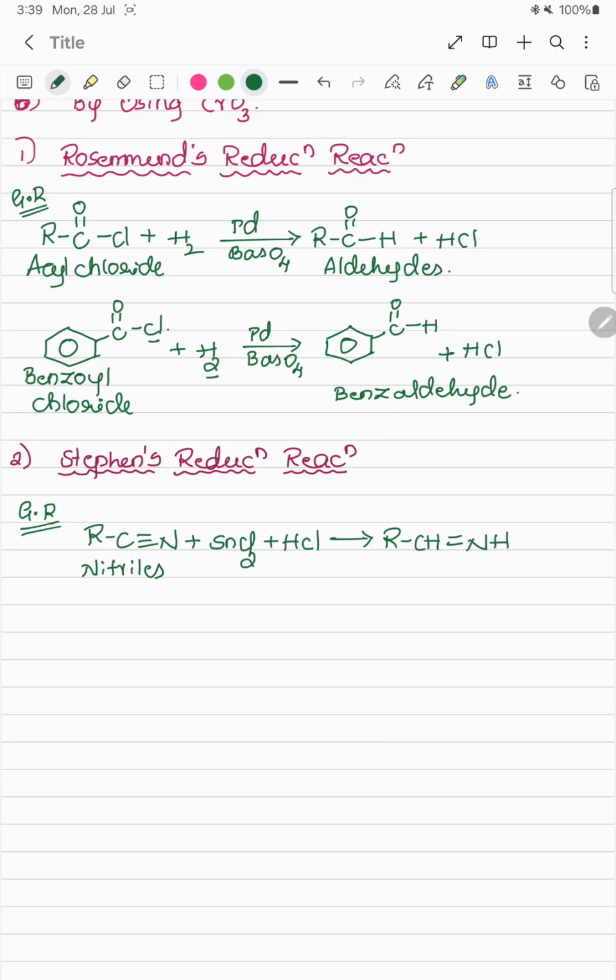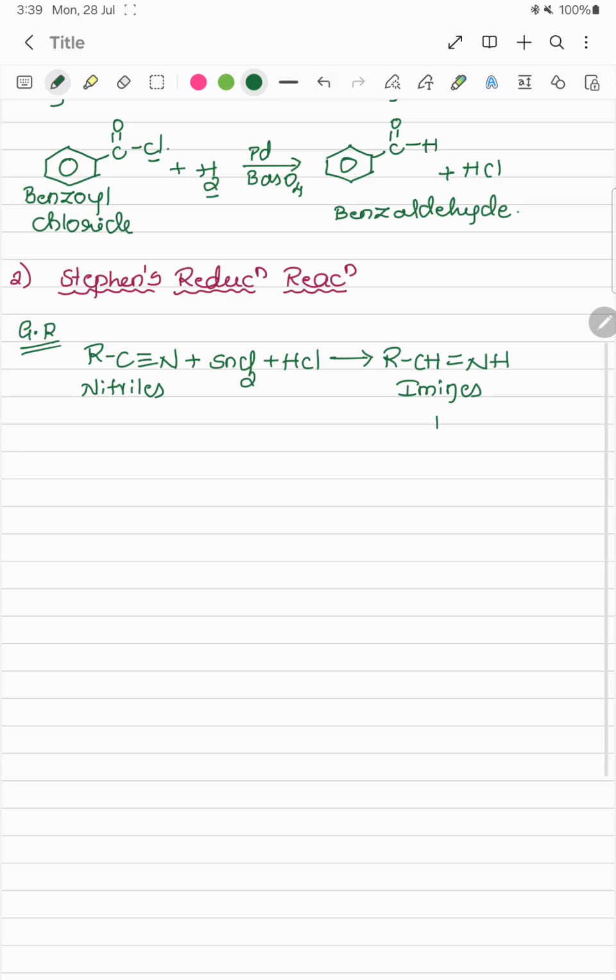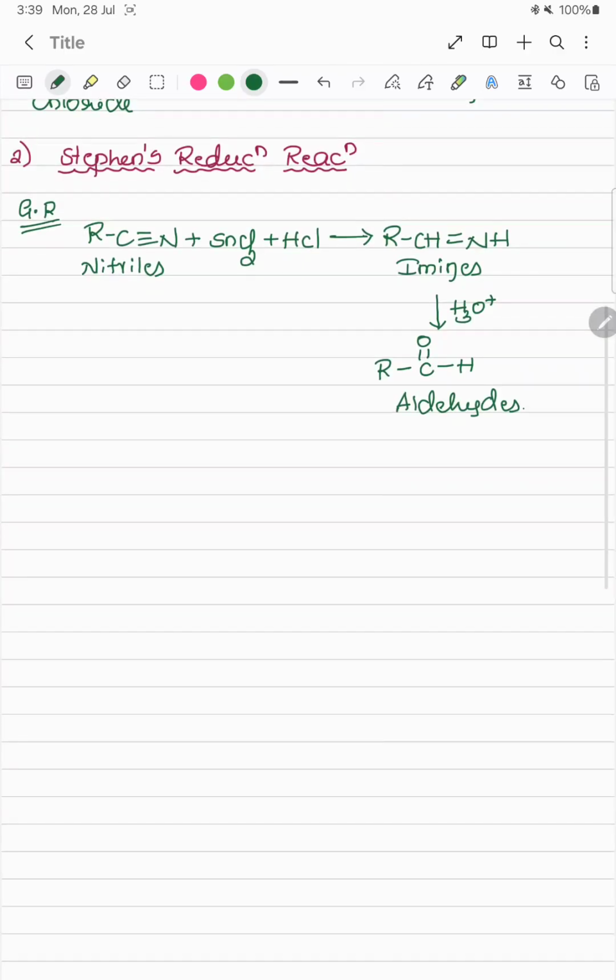This RCH double bond NH, these compounds are also called imines. When these imines are hydrolyzed by using H3O+, they get converted into RCHO, that is nothing but RC double bond OH. These compounds are also called aldehydes. If you want to create an example for this, you can take ethane nitrile or methyl cyanide.